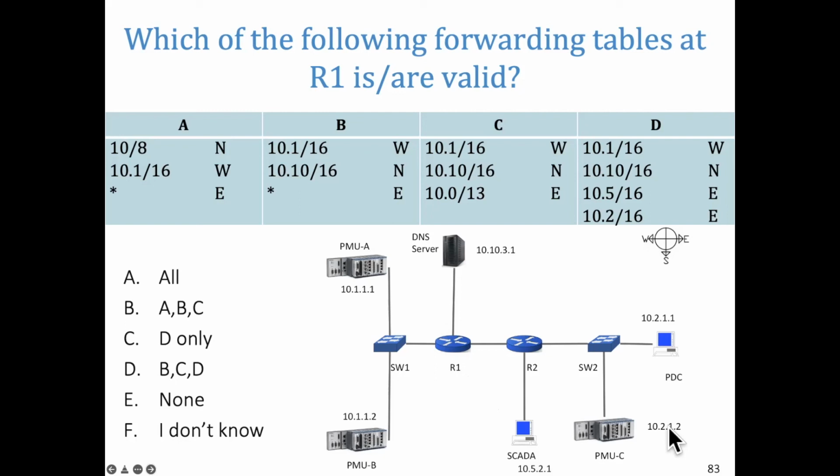And for any packet with the destination address of either of these devices, we expect R1 to forward it to this right interface. Then a forwarding table is correct if it respects all these, so if it can successfully forward all packets to the correct interface. Here we have 4 forwarding tables, A, B, C, D, and I'm asking which one or which ones are valid.